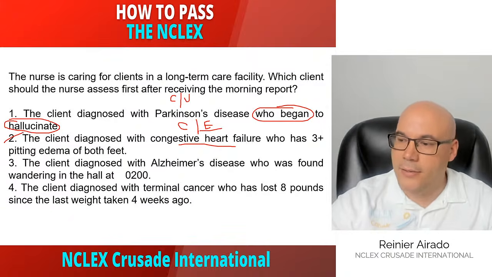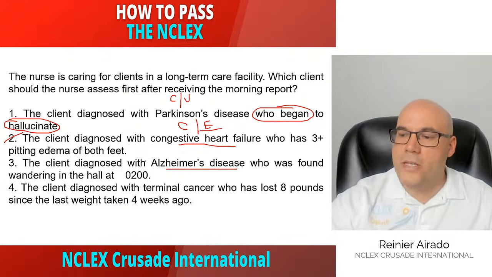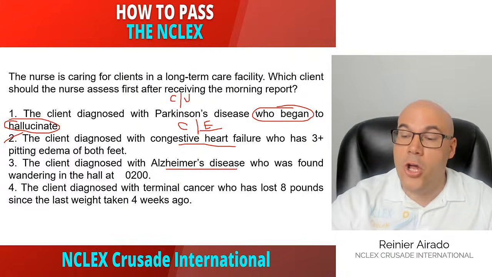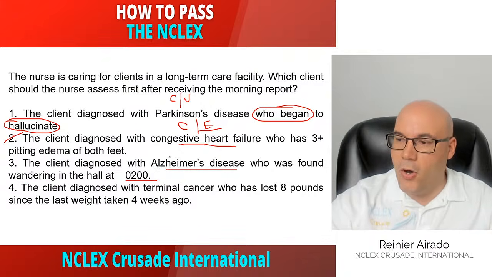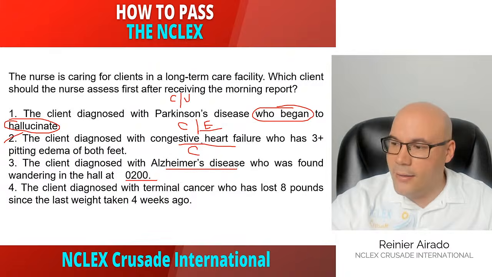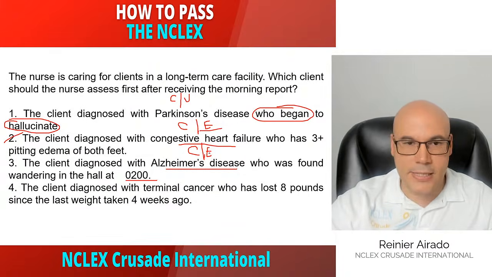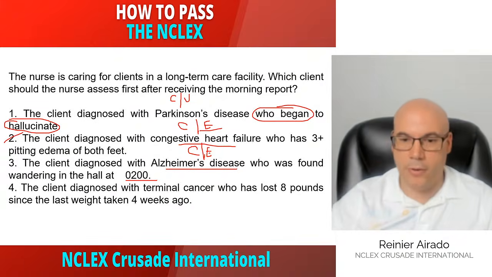Answer number 3, patient with Alzheimer's disease who was found wandering in the hall at 2 a.m. So what is the relationship here? Chronic expected, because a patient with Alzheimer's disease is expected to be confused, wandering around.